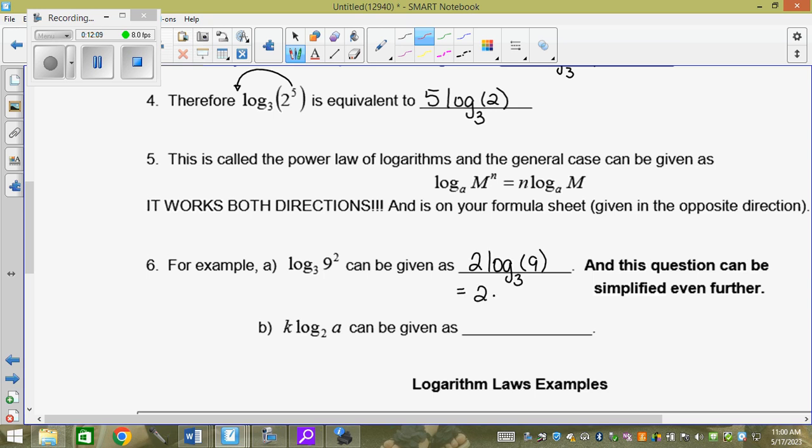So it's 2 times 2, which is 4. And everyone's like, well, I could just type that in. Yes, except they give you variables in the diploma and on unit tests, so you can't just type it in. K log base 2 of A can be written as log base 2 of A to the K.